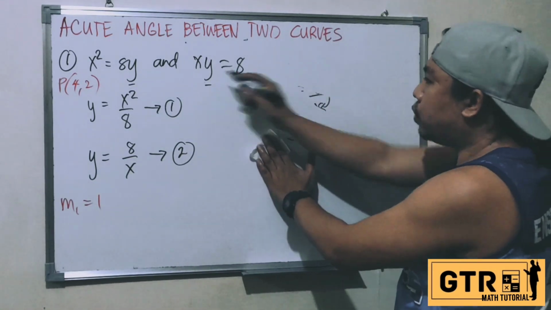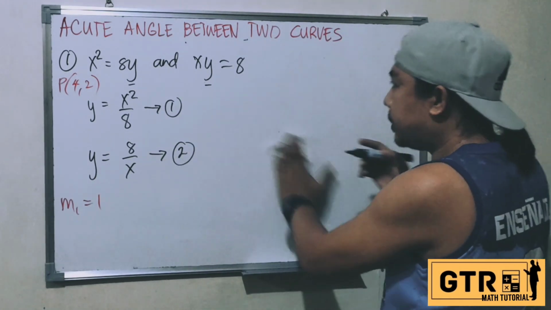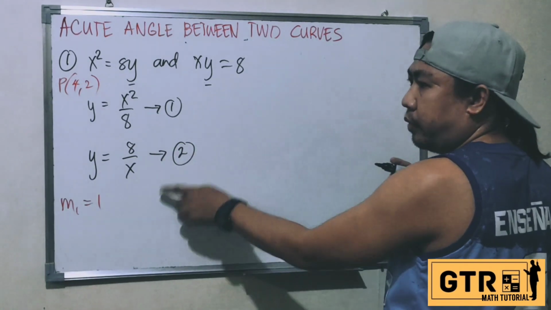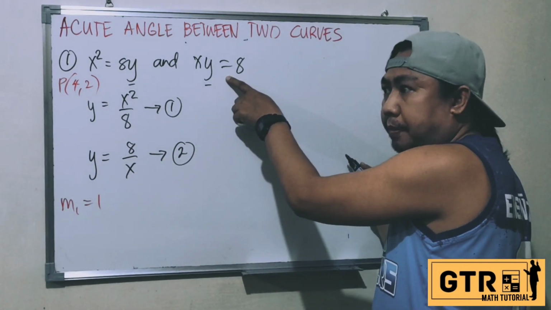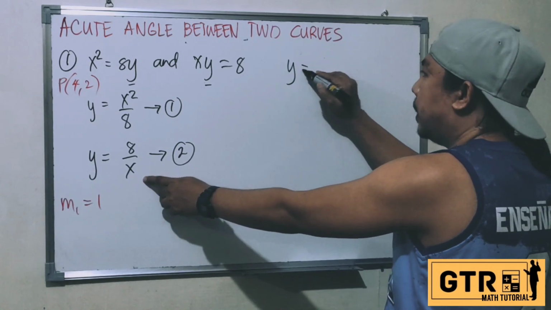We can use xy equals 8 or 8 over x. We can use either of the two equations. For the first we used implicit, and for this one we will use explicit. So let's use 8 over x.